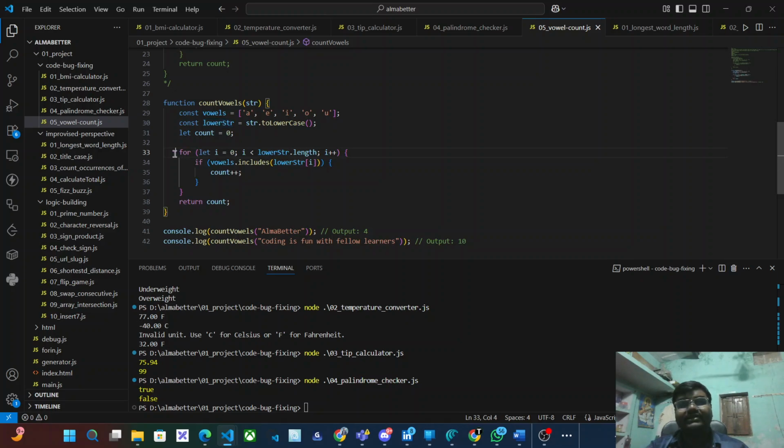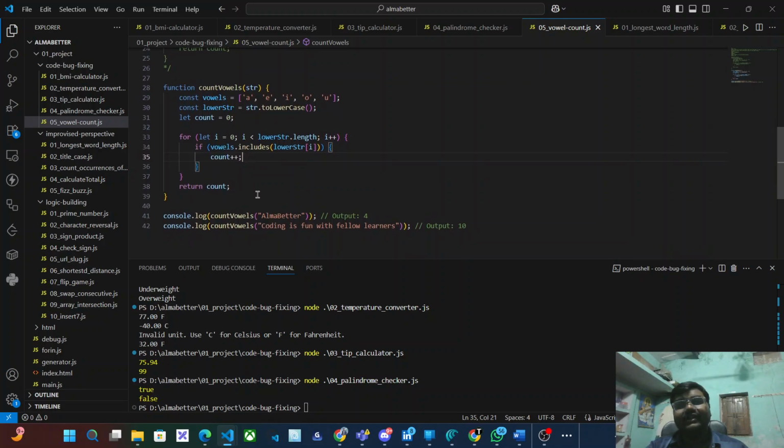So we loop from 0 to lowerStr.length, and we check whether this character is present inside the vowel array using includes. If it's present, then we do count plus plus. When this character is also a vowel, we count plus plus, and after the loop completes, we return the count.